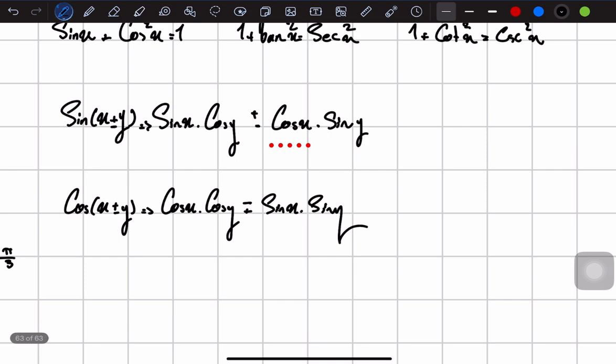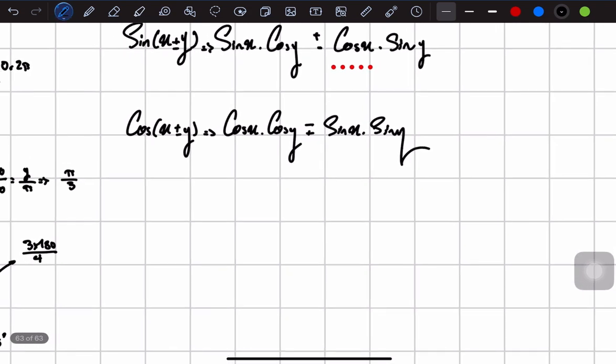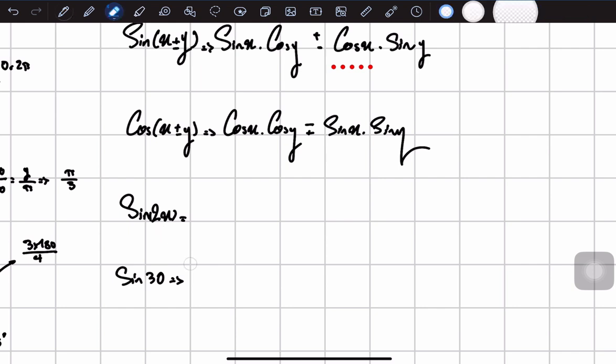Now there are double angle formulas, for example, sine of 2x. So we can just say, okay, sine of 13, for example, is equal to 1 over 2. And since this is sine of 2x, now it's 2 over 2, which is 1? No, we can't do it like this.